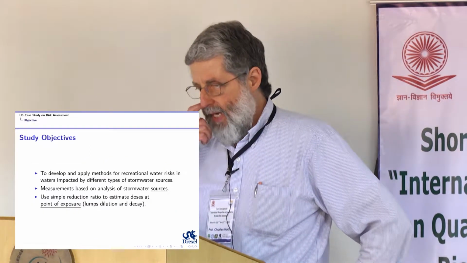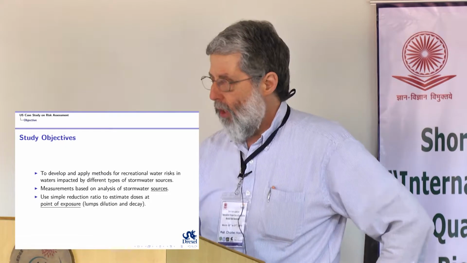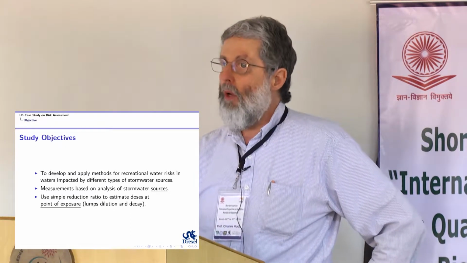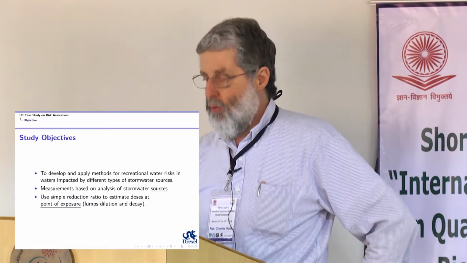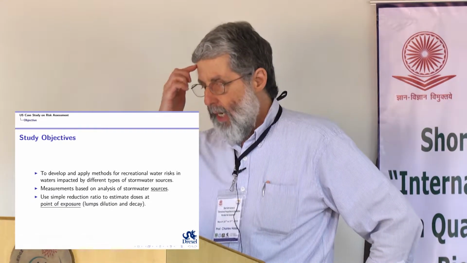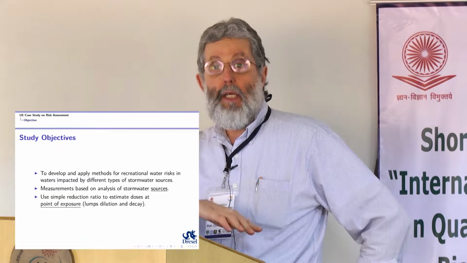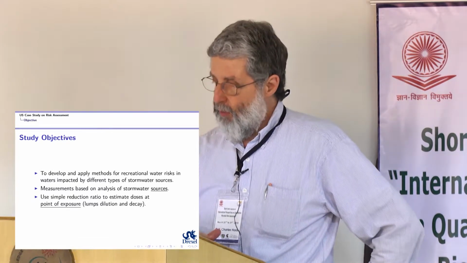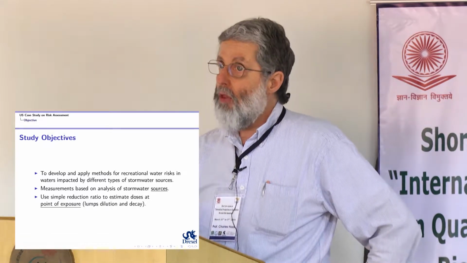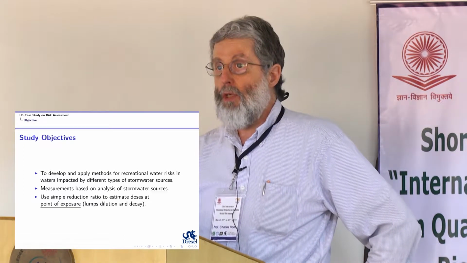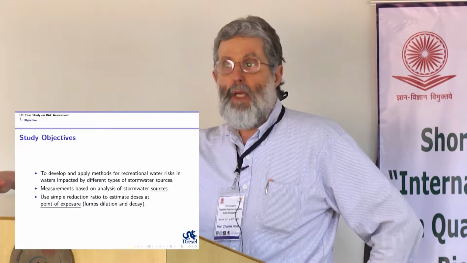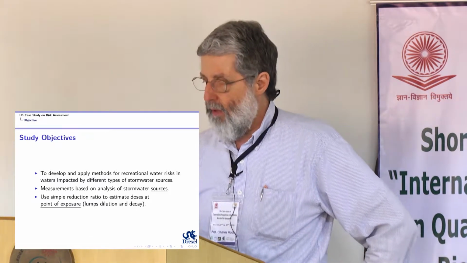So they set forth an approach, estimate recreational water risk in waters impacted by stormwater sources. And instead of looking at indicators, as in the previous case studies, they looked at estimating risks attributable to specific pathogens that are known to be in the stormwater themselves.